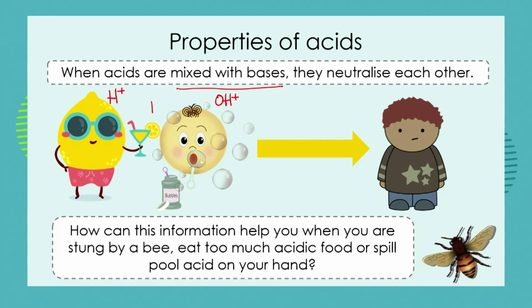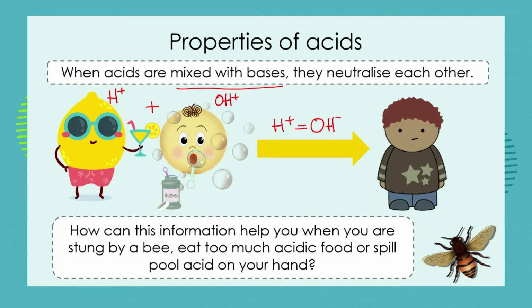Now, when our acids have a party with bases, we find that they neutralize each other. The amount of positive ions is going to equal the amount of negative ions, and we're left with a substance that is a neutral substance, which is not going to burn or corrode in any way.